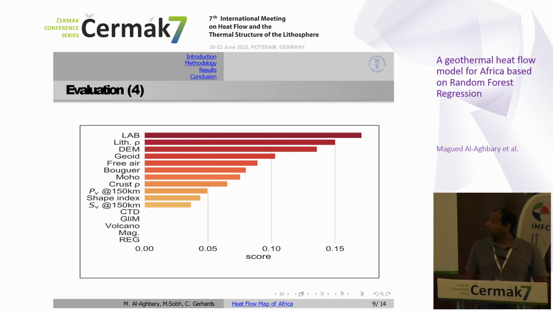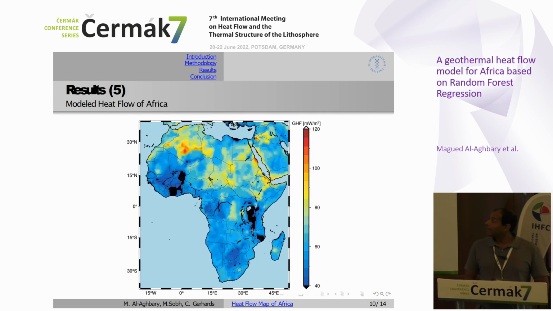This is the model that we have built. Let's analyze it. I will overlay the heat flow measurements that were used to train the model. As you can see, if you cannot differentiate that much the points that I have put, that's a good sign. It means that the model managed to predict those points correctly.